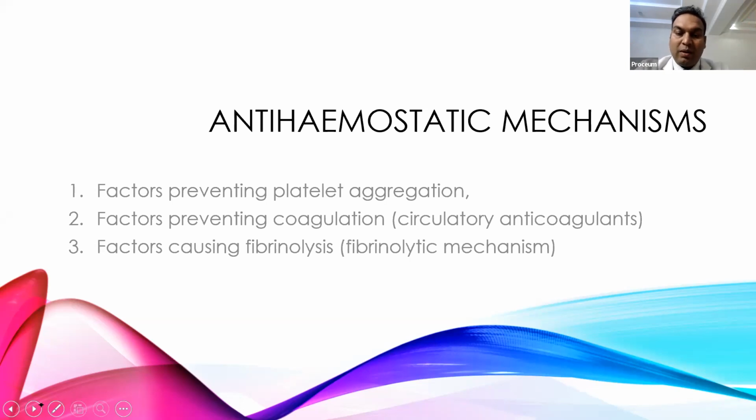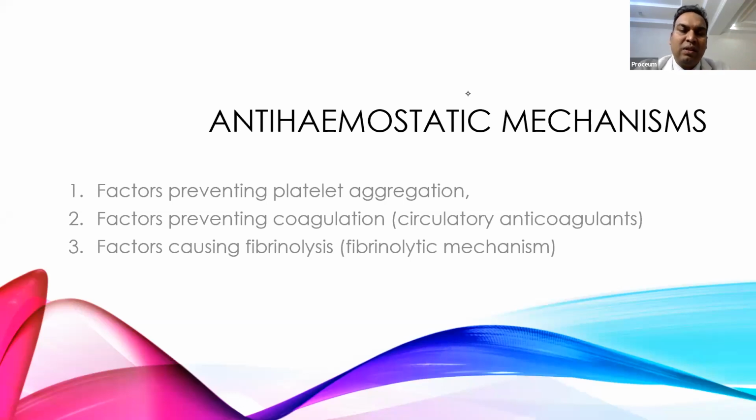So there are various factors: heparin, antithrombin 3, protein C, protein S. All these prevent blood coagulation. Apart from this, because blood is flowing, even if some platelets get activated or a clotting factor gets activated, the activated clotting factors will be spread to different parts of the body and get diluted.